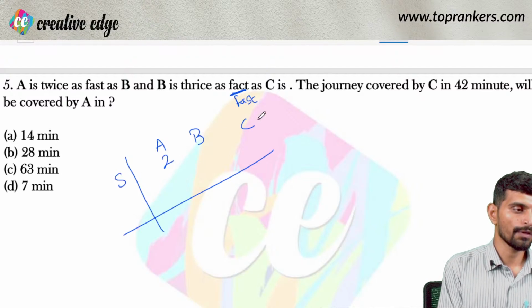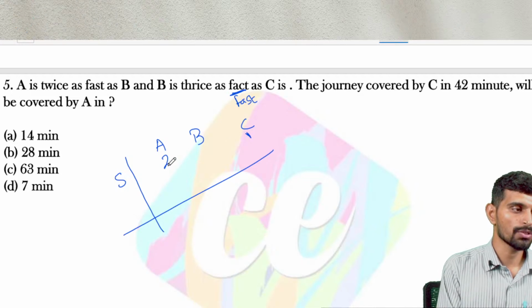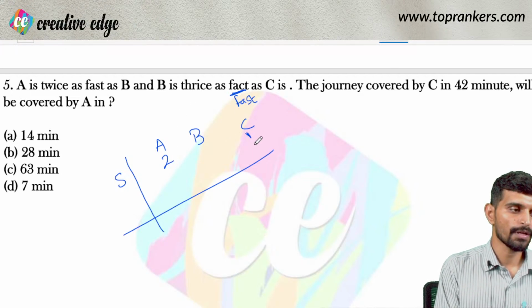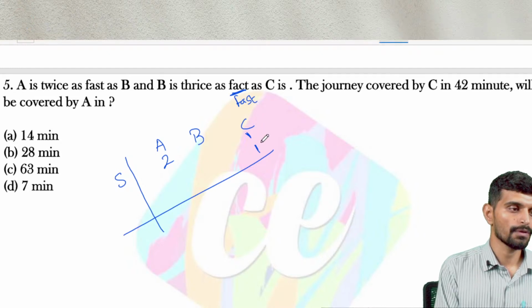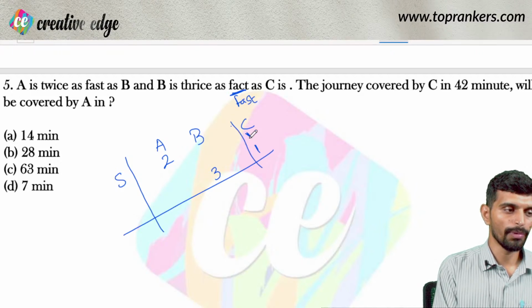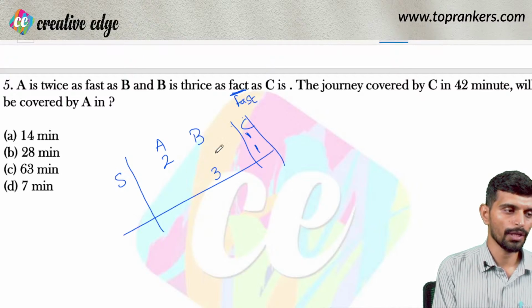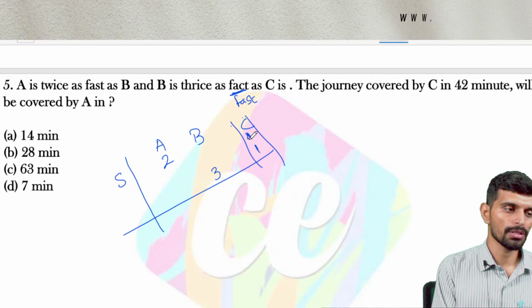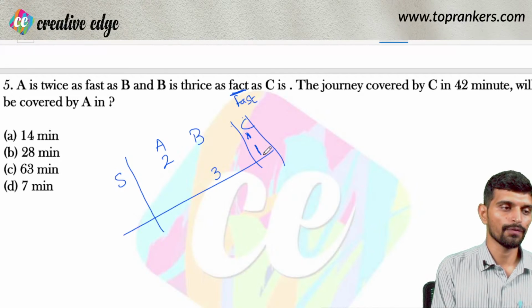So if speed of C is 1, speed of B is 2, and B is thrice as fast as, if speed of C is, B is thrice as fast as C is. So if speed of C is 1, speed of B is 3. Now we can go by scaling, or we can directly write the ratio of speed of A, B and C, because here in both the cases the value for C is 1.